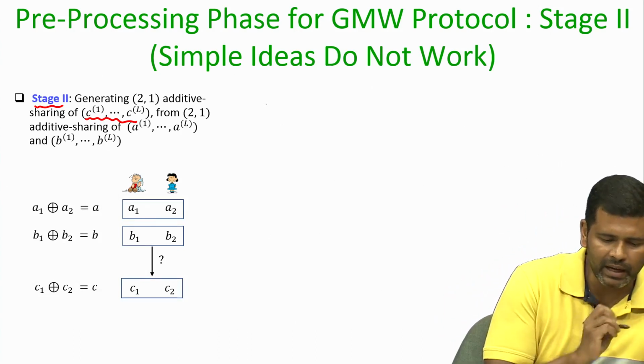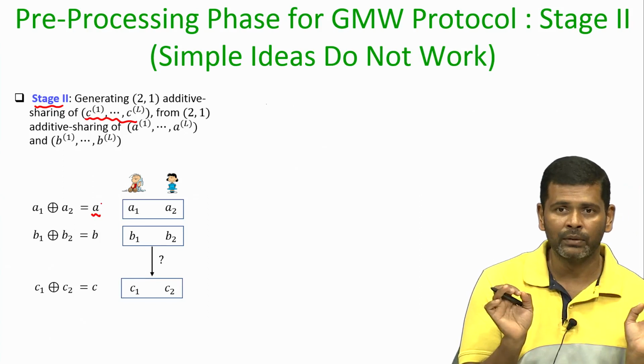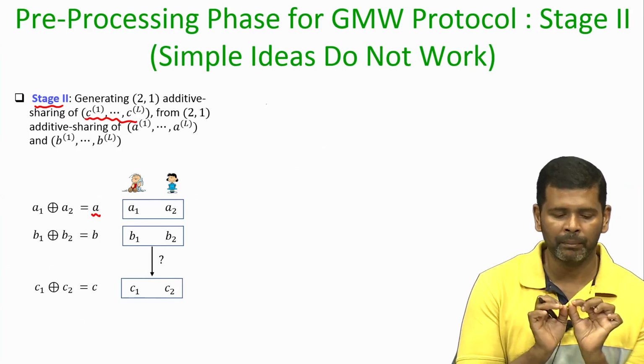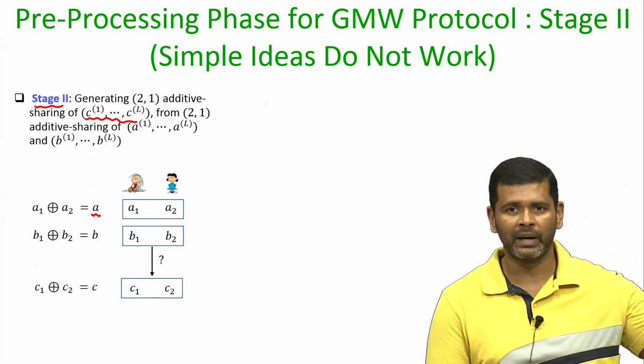So, I am assuming that there is a bit A, no one knows the value of A, it is a uniformly random bit and it is XOR shared among the two parties. It has been generated by stage 1.